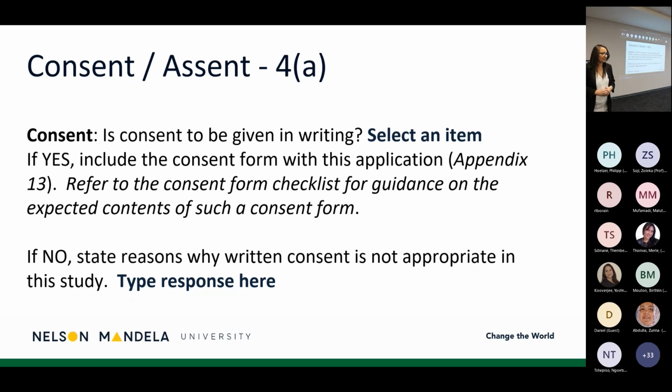And explicit means, and this is important, that there must be an action on the part of the participant. There must be a yes, no, but they must tick something, sign something that you have evidence.